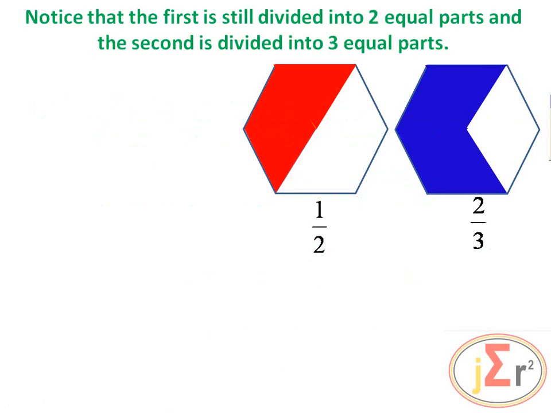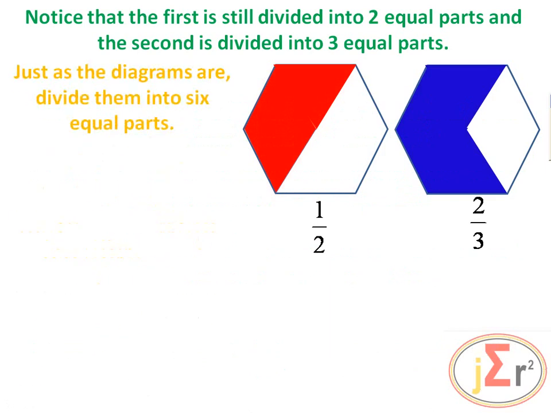Notice that the first is still divided into 2 equal parts, and the second is still divided into 3 equal parts. Just as the diagrams are, divide them into 6 equal parts.